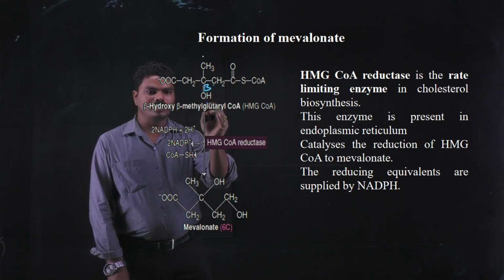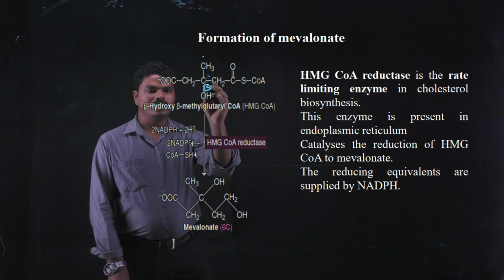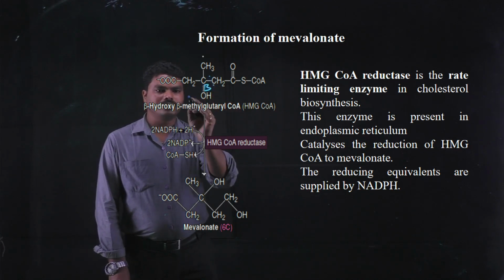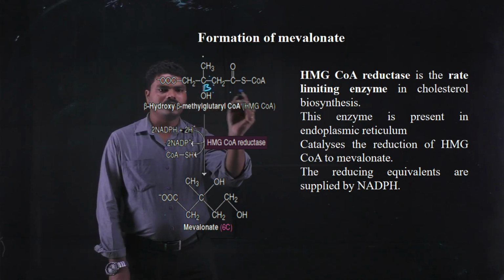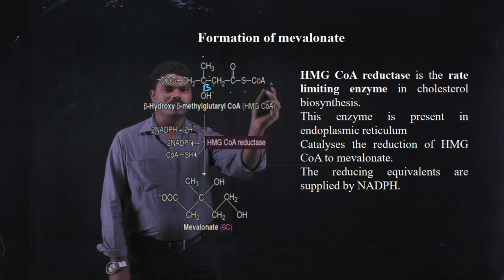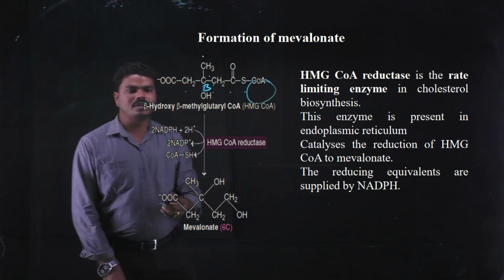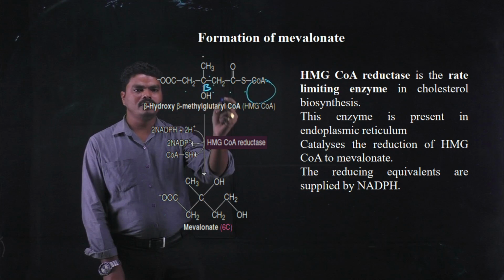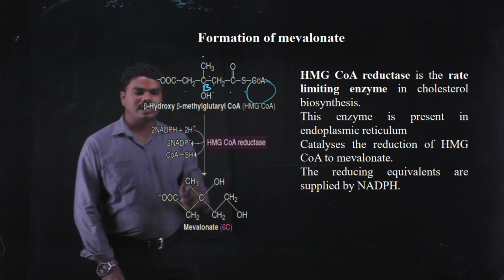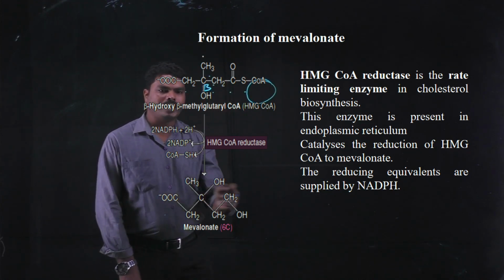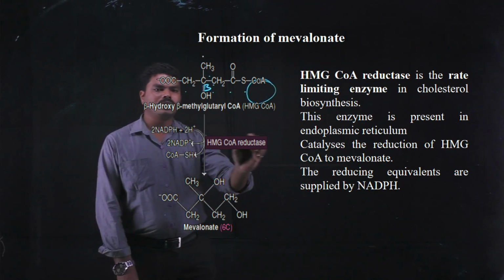These carbons are called as the glutaryl group. So there is a CoA also. That's why it is called beta hydroxy, beta methyl glutaryl CoA, and this molecule is converted to mevalonate by the action of HMG-CoA reductase.